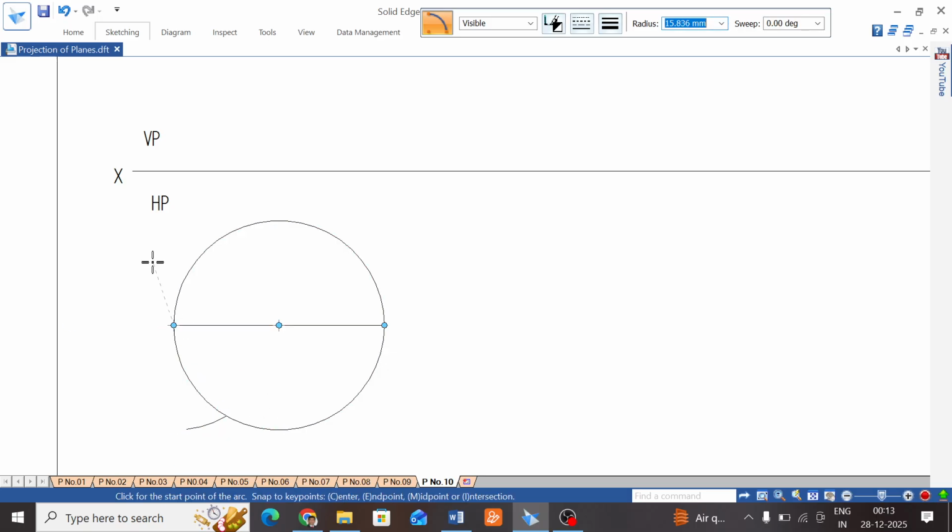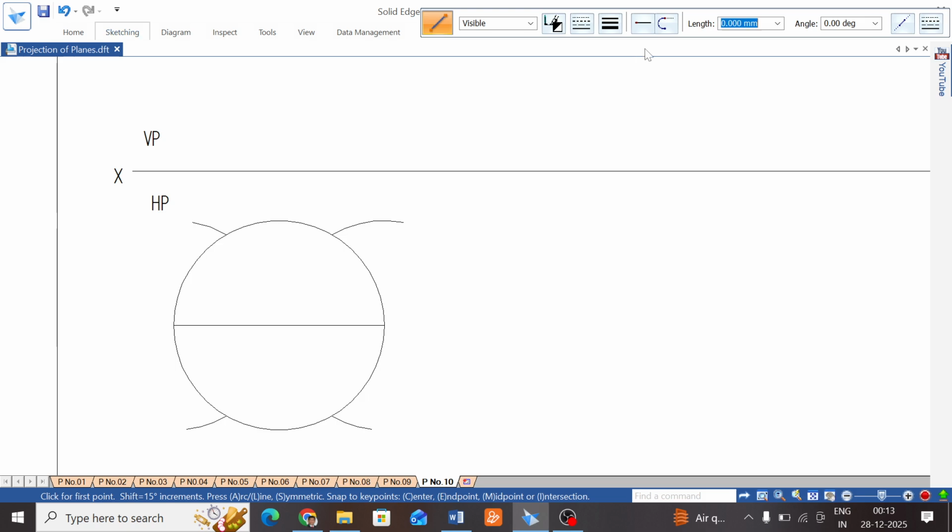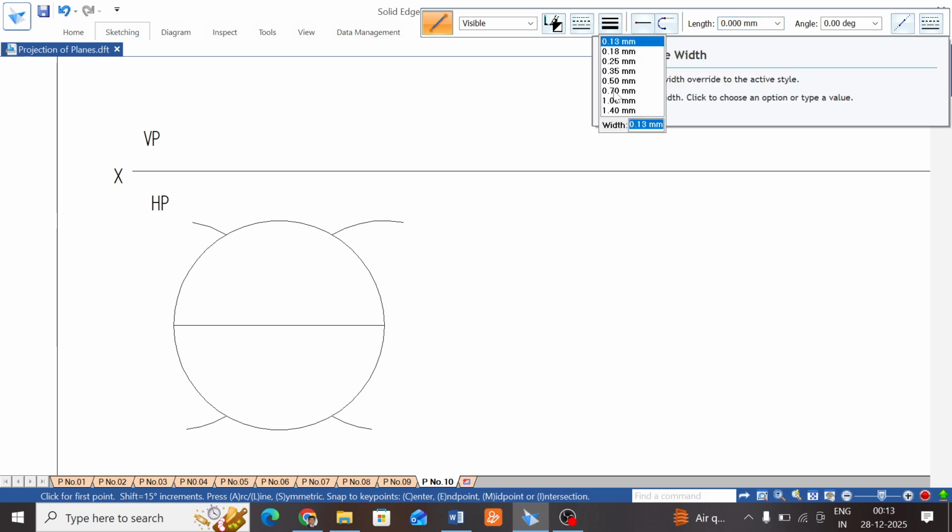Cut it 25, cut it on one more side and another side, and again one more 25 mm, cut it. Now join all six corners by thick lines using a scale.